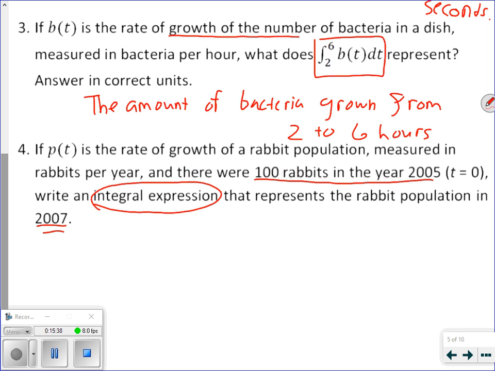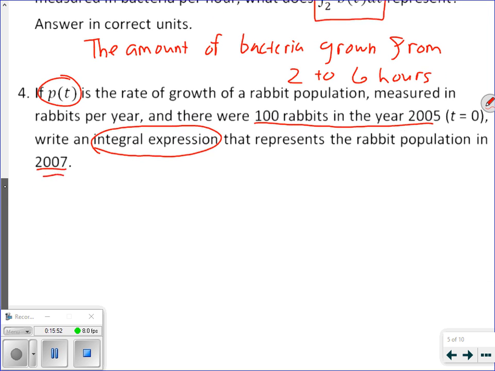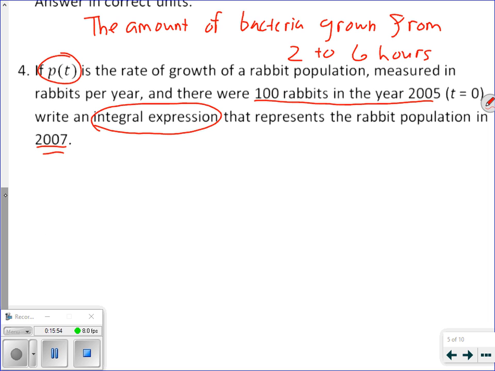This is kind of working the other way now. I'm giving you a description: P of t is the rate of growth of the rabbit population, and I want you to write an expression that tells me the amount I'm going to have in the year 2007. This is a specific formula, and I'm sure you can figure it out if you pause the video and try.